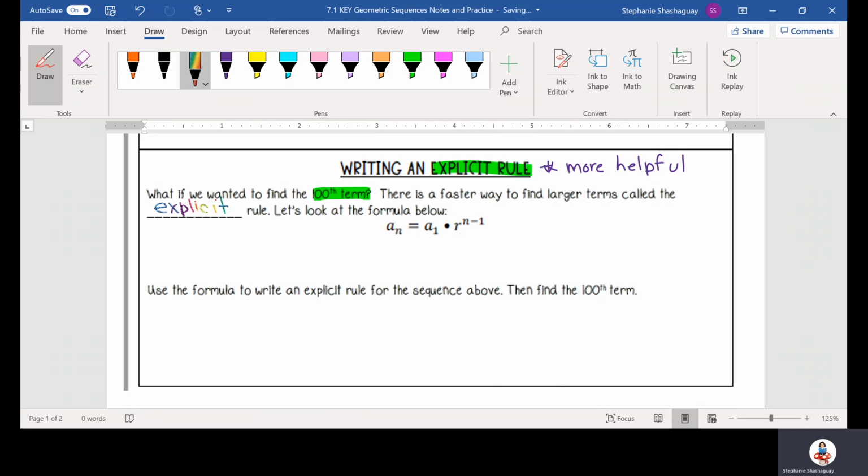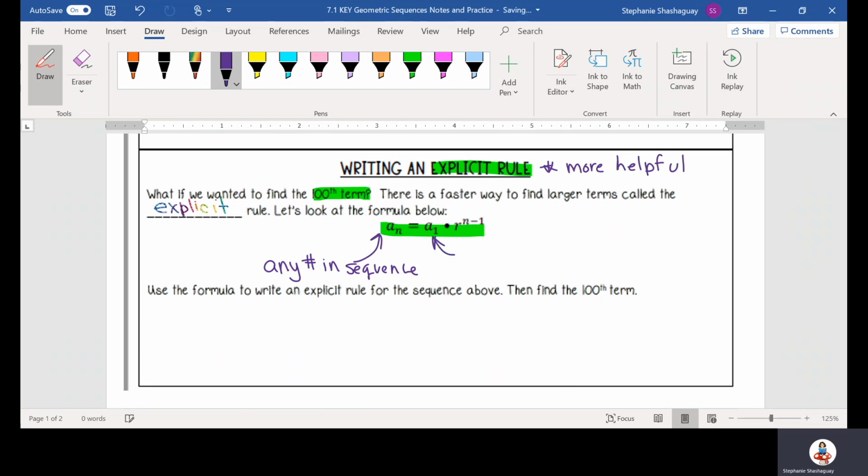So let's look at the formula below. We have a sub n is equal to a sub 1 multiplied by R to the n minus 1 power. Again, this a sub n is any number in the sequence, and that's just going to depend on which number they're looking for.